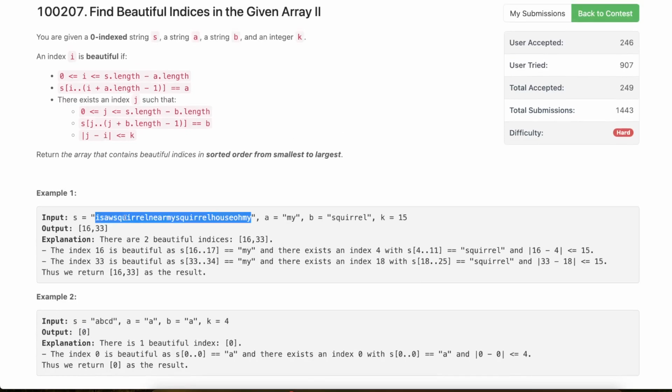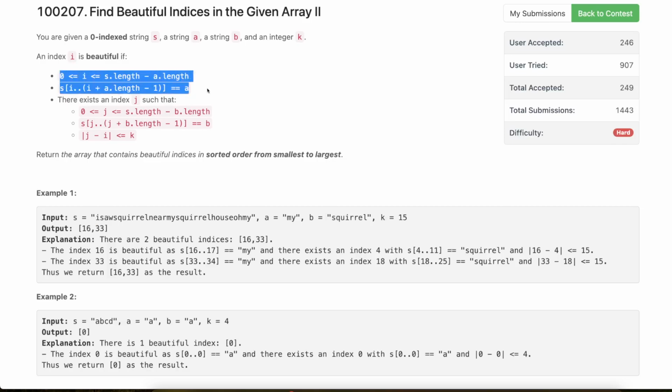So let's take one more example. This is a string, a is my, b is squirrel and k is 15. Now if you look at it, is this index beautiful? The answer is no, because for this to be beautiful, we should have the entire string a starting at this index, but a is starting at m, so this can't be beautiful.